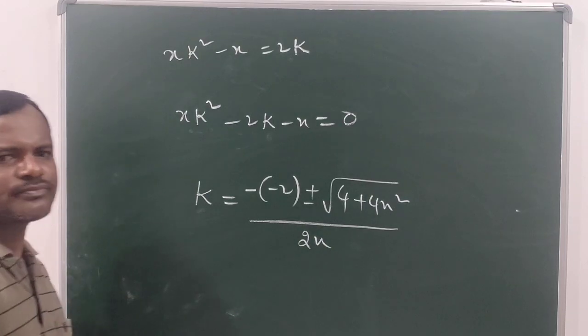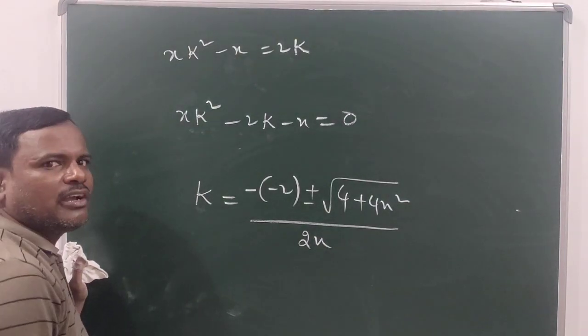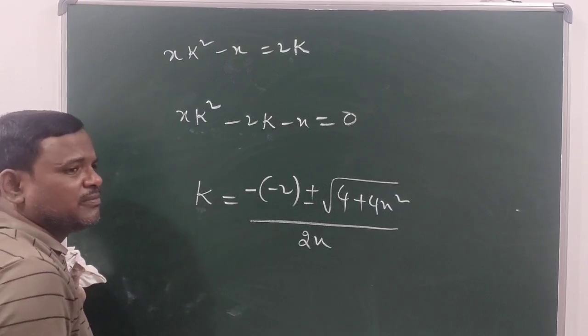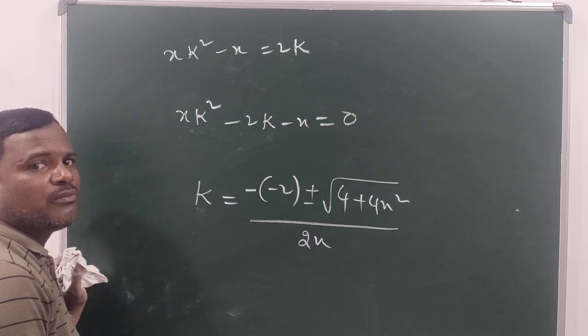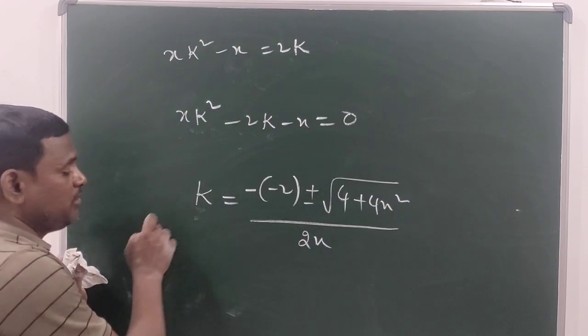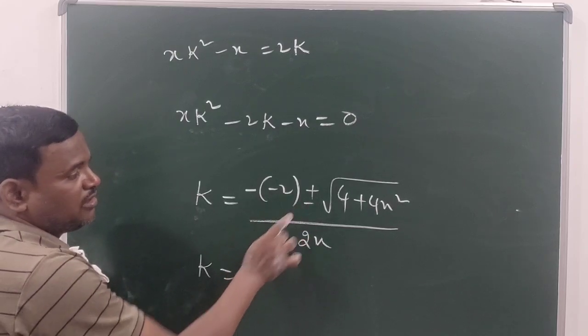Here b square is 4, and 4ac gives 4x square, with 2a as 2x. Actually, k means e power y, which we took. So simplify this. In this simplification, what do you get?